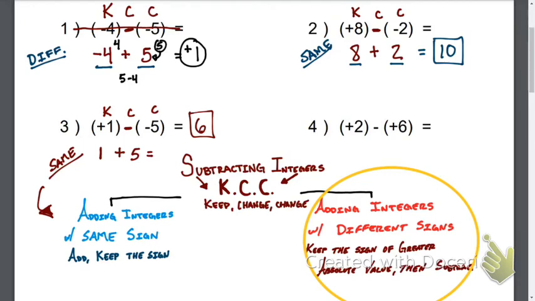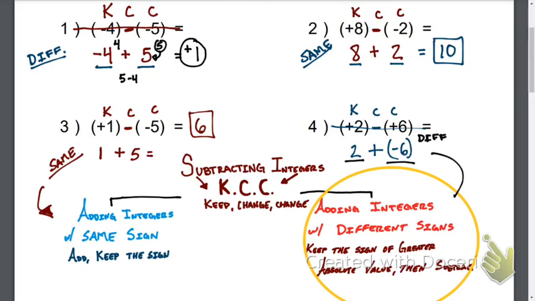For problem number 4, we have +2 minus +6. This subtraction sign lets me know that I have to do keep, change. So my new problem becomes +2 because I kept the first one, I changed this to addition, and I changed this +6 to a -6. So now my problem is 2 plus -6. Again, this is adding integers with different signs, because one is positive and one is negative.